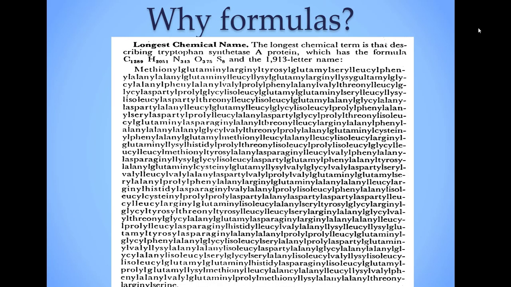Why do we have formulas? Right here, this is the longest chemical name that has been printed, and you can see the amount of space that it takes up. This is an organic molecule, and organic molecules typically have a common name also, because then it makes it even faster. And this organic molecule has the name of tryptophan synthetase.